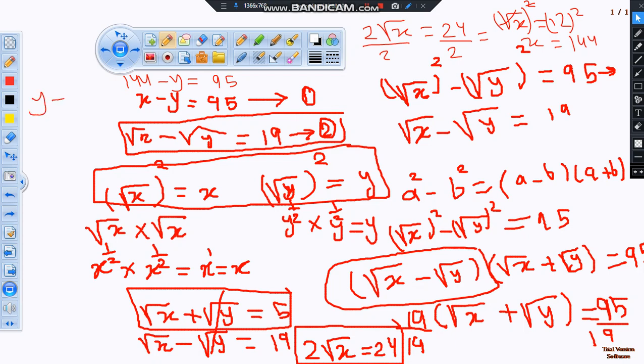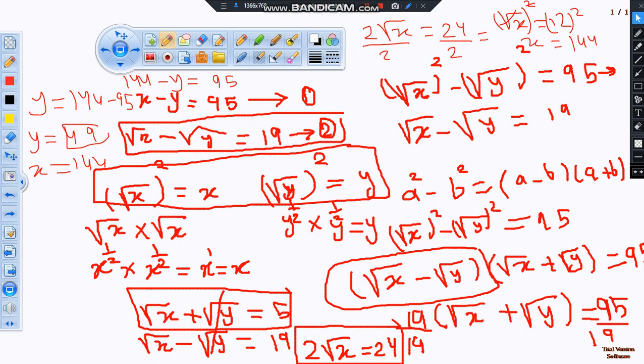It will be 144 minus 95, which is 49. So you find x and y: y equals 49. To check in the equation, instead of x put 144, the square root is 12, and instead of y put 49, the square root is 7.